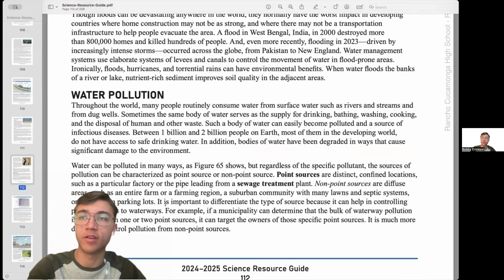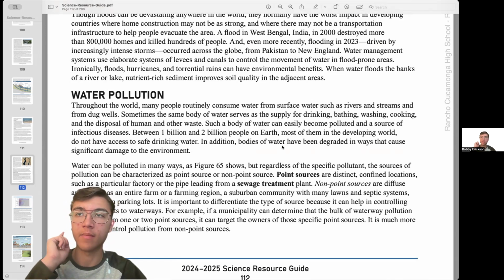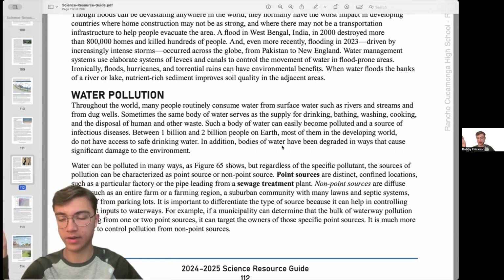It's 5 days. What temperature? 20 degrees centigrade. And then what is the order of pollutants that make up most river miles? For most, it's going to be pathogens slash bacteria.